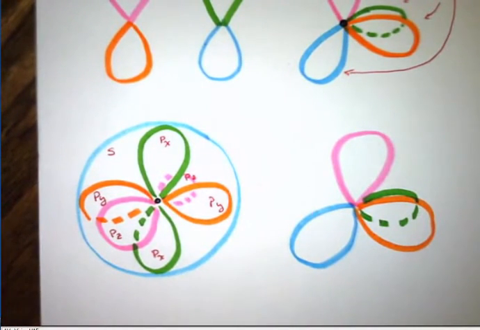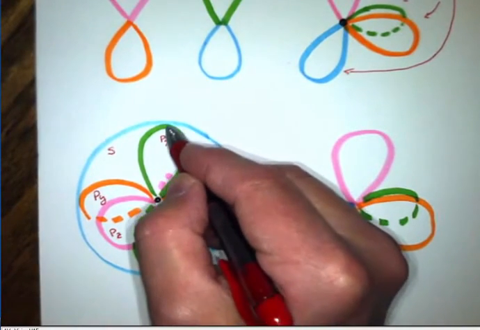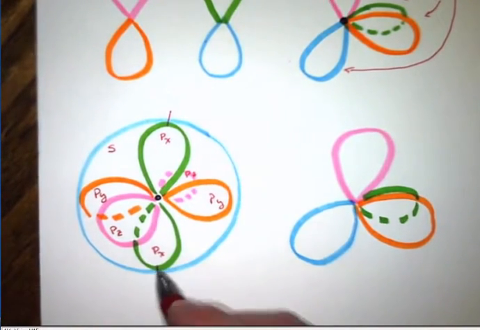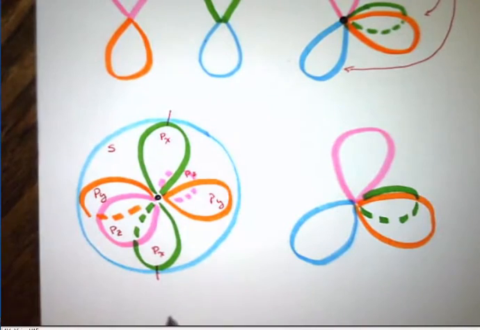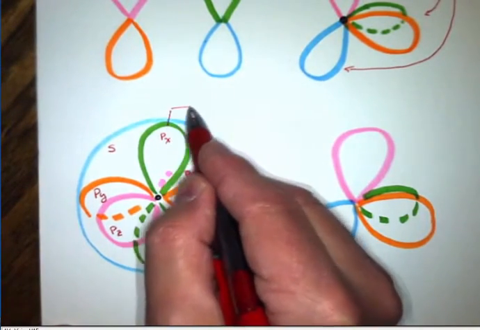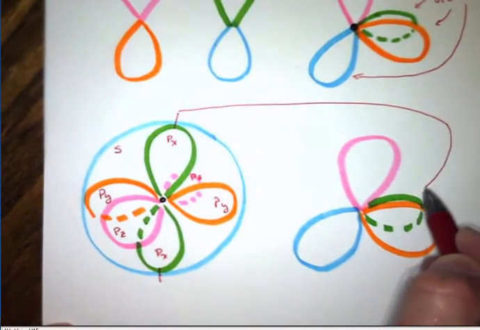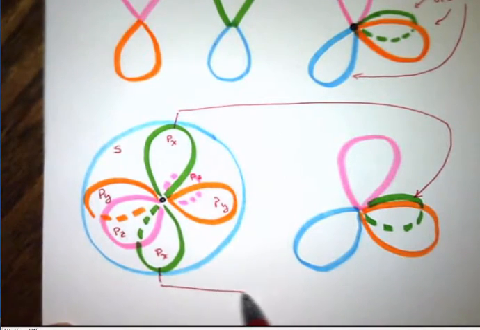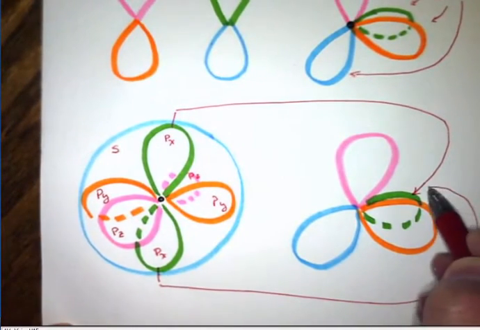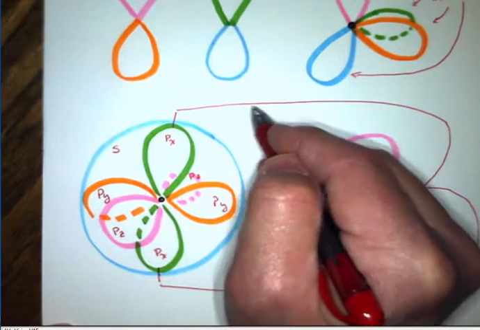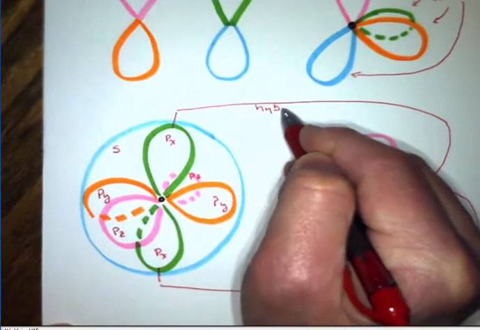Okay, so this green set of orbitals with two antinodes become this green one back here in the back. So this is representing this hybridization process.